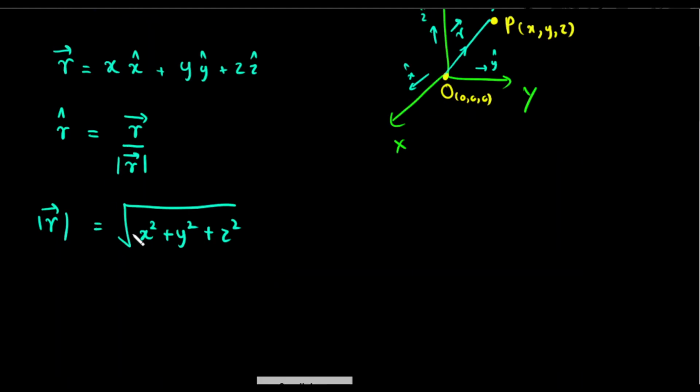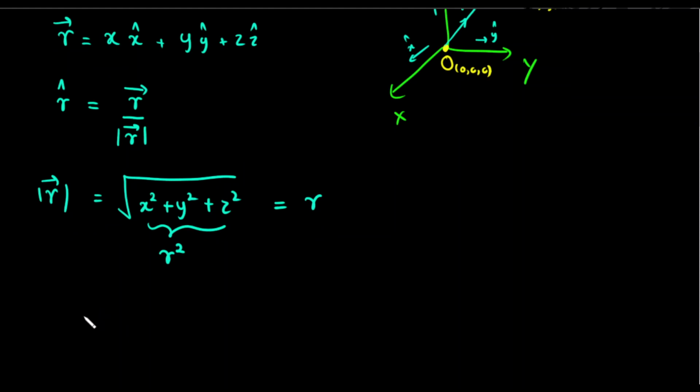Now you know that this can be written as R squared, so you will get R. Now you can define the R vector in terms of R and R hat.